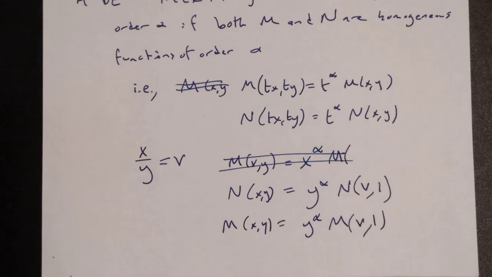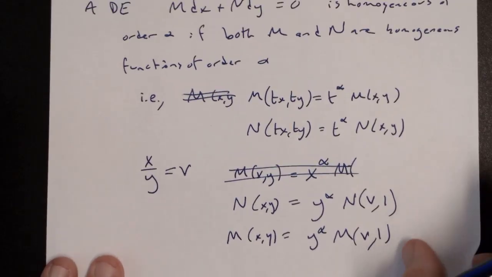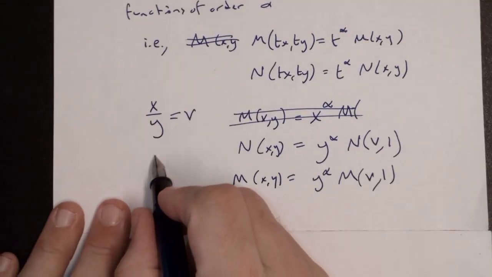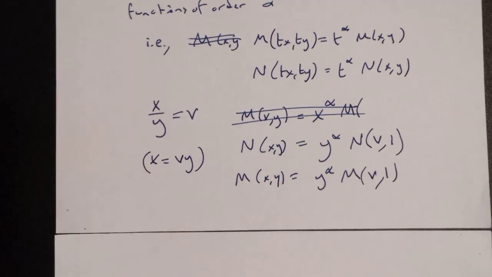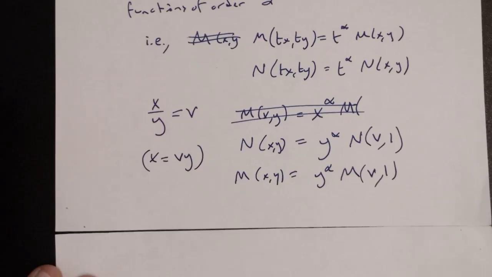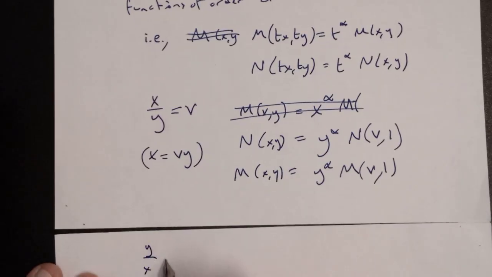If we do it the other way around and do y over x, if I write y over x, let's call that u.